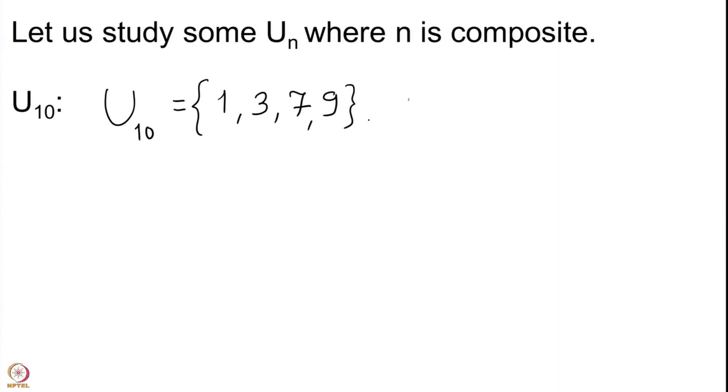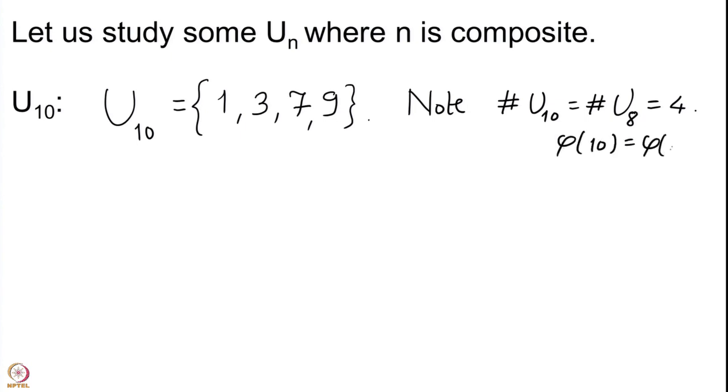So, note first of all that the cardinality of U10 is equal to the cardinality of U8, which is 4. This is one small observation, because of course we have that phi 10 is equal to phi 8, which is equal to 4. And here now let us try to compute orders of 3.